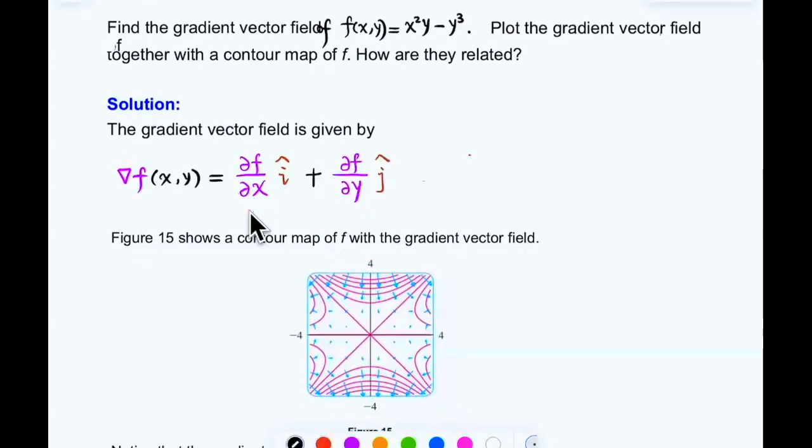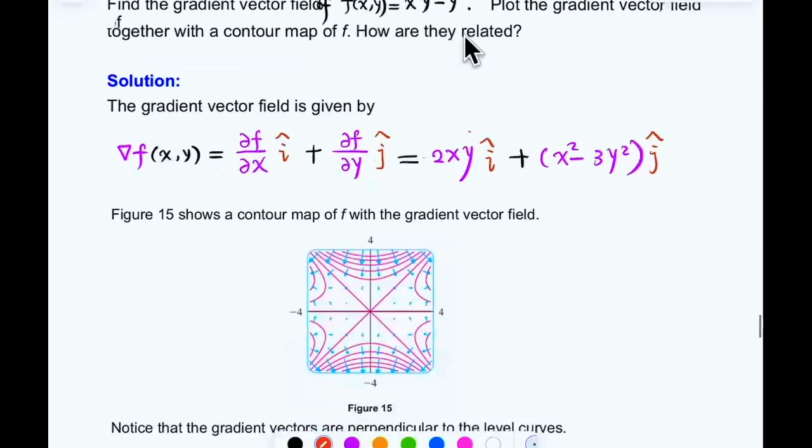Can you tell me what's the partial derivative of this function with respect to x? You got it, 2xy, and then that is the I component, right? And then you add. What's the partial derivative of this function with respect to y? X squared minus 3y squared. And then that will be the j component, right? Okay. So this is a two-dimensional vector, right? Okay. This is the gradient vector field of the scalar function f.